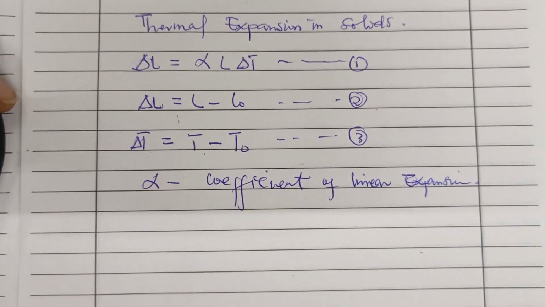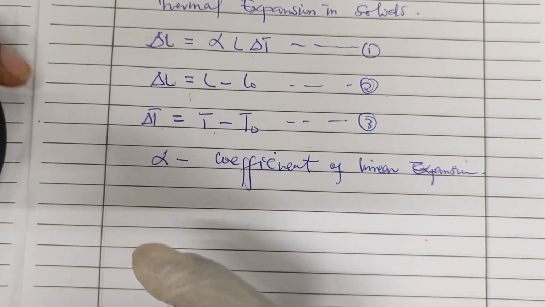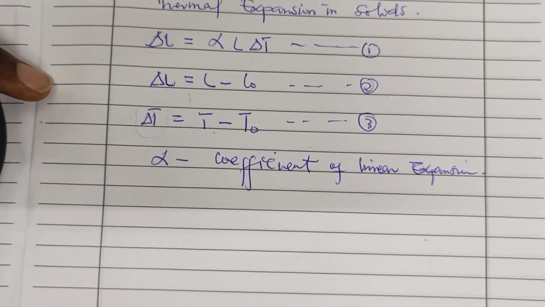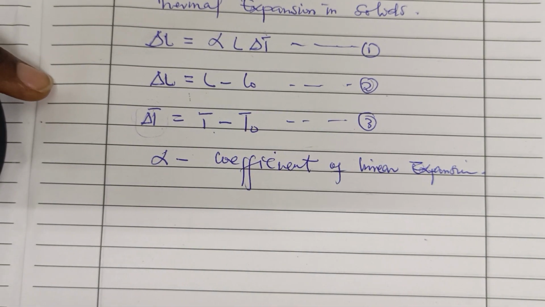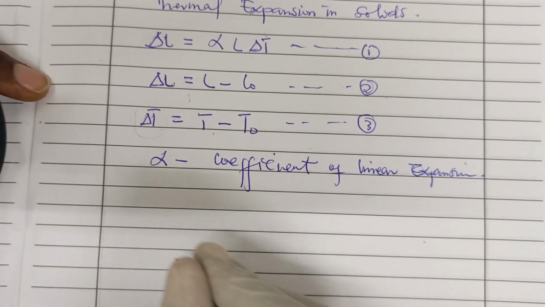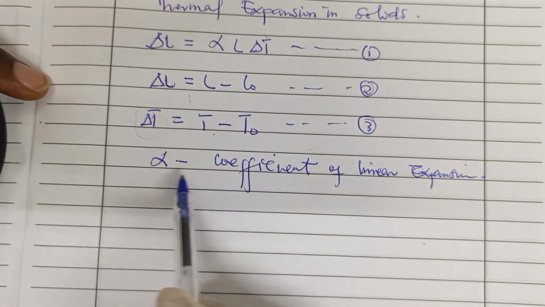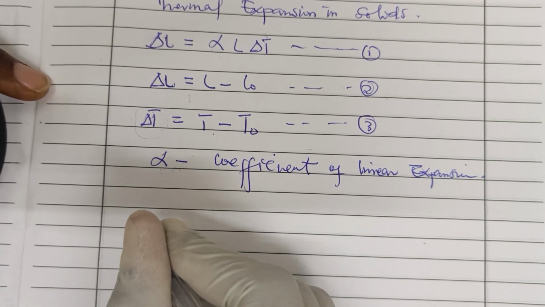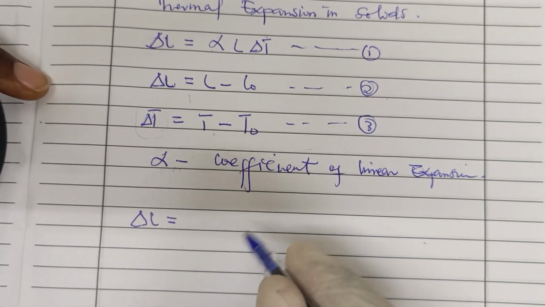Now the first thing we can do is substitute this into this. After substituting, we can make alpha, the coefficient of linear expansion, the subject.